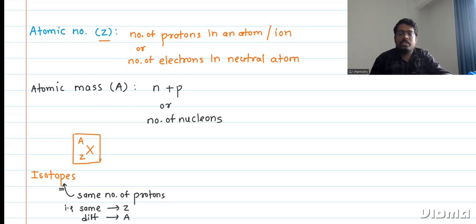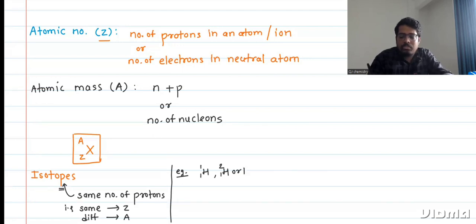For example, protium, deuterium, and tritium. These are the isotopes of hydrogen.